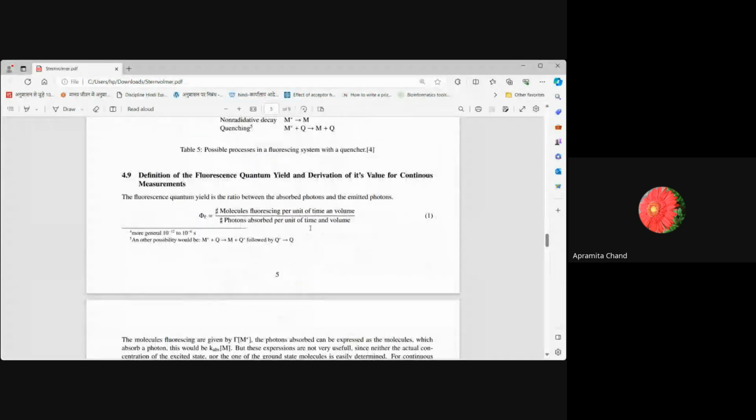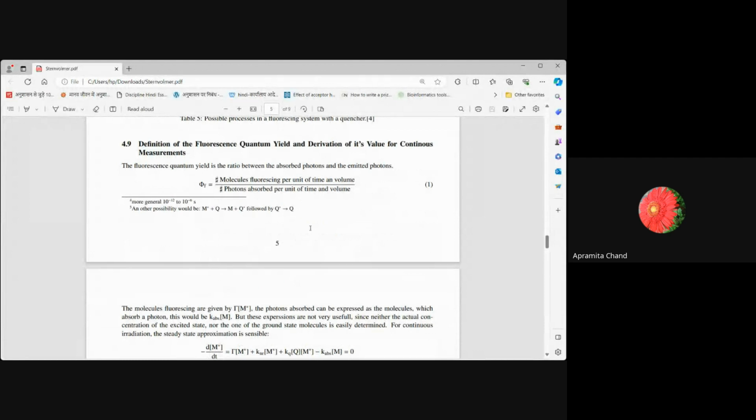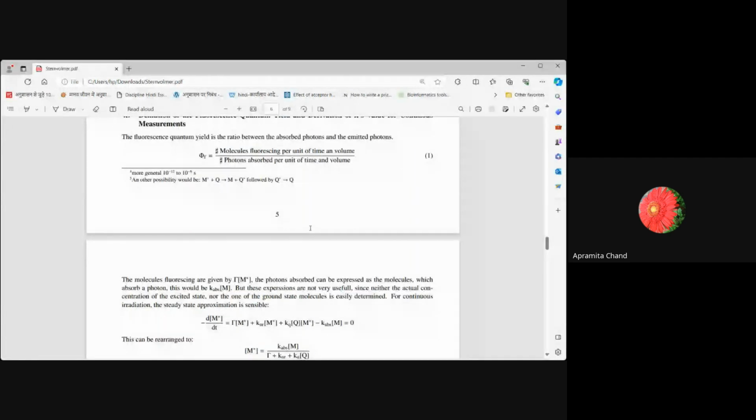Next is the fluorescence quantum yield. What is the fluorescence quantum yield? Just write this particular ratio; you will also find it in your study material. The fluorescence quantum yield is the ratio between the absorbed photons and the emitted photons.